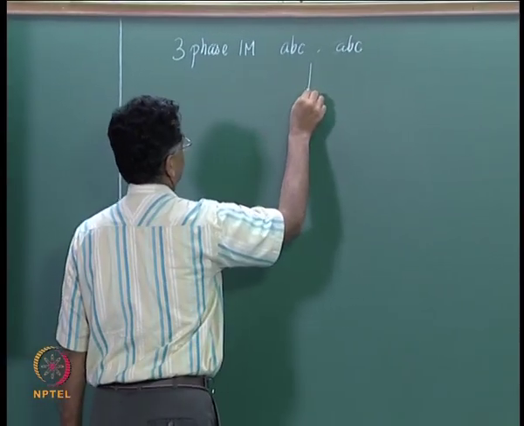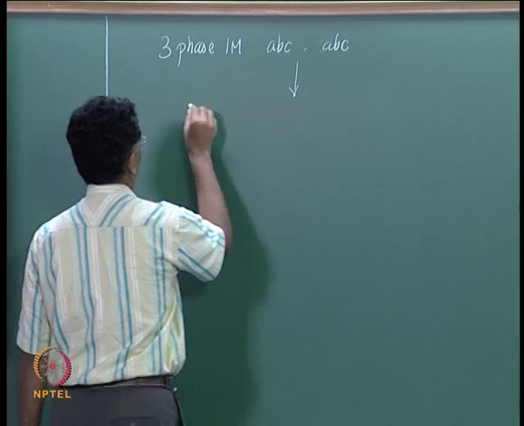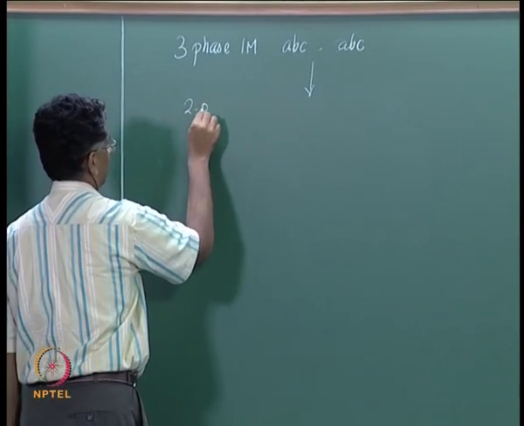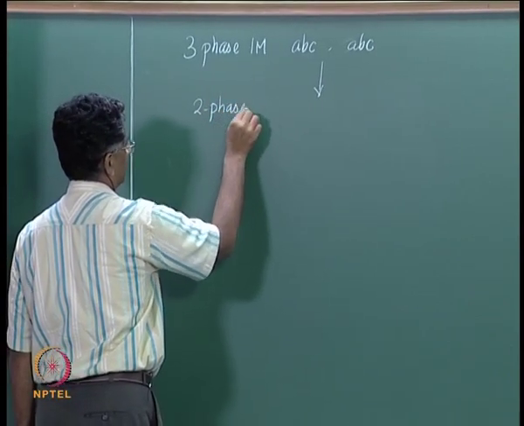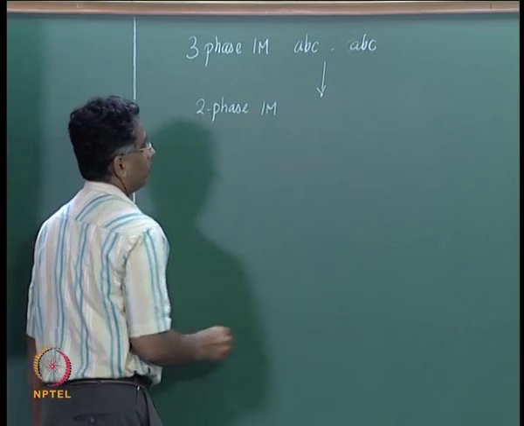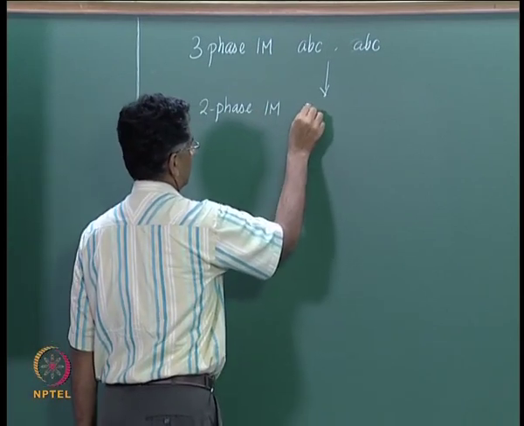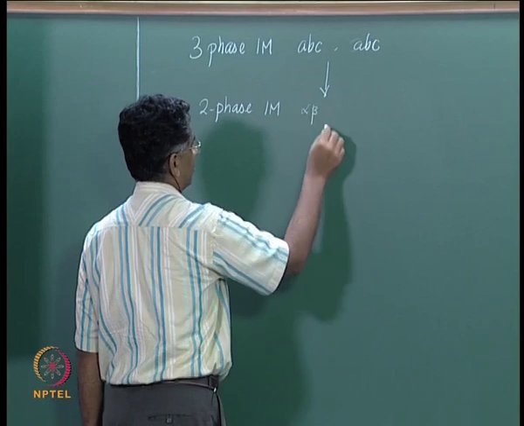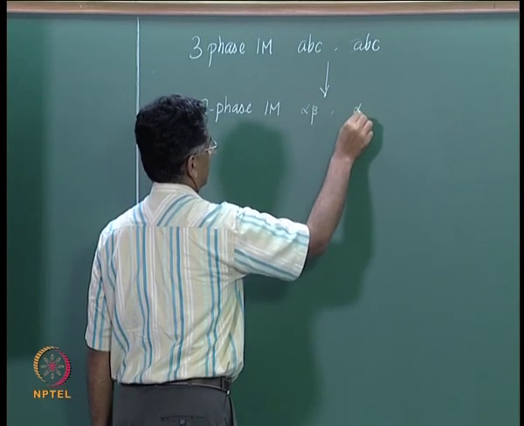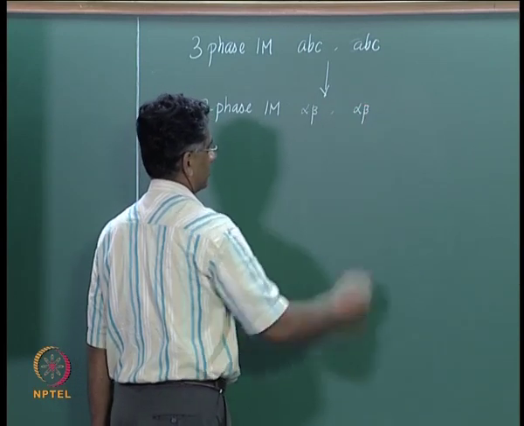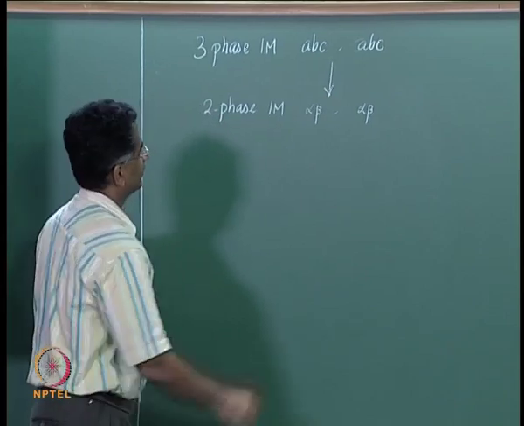From this we have gone to the 2-phase induction machine, where the rotor is in the alpha beta reference frame and the stator is also in the alpha beta reference frame.